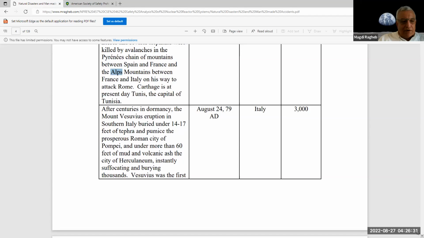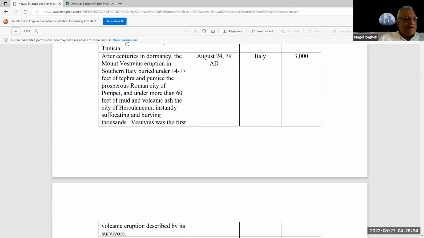Then we go to the Roman Empire itself. In the Mediterranean, there is a mountain called Mount Vesuvius in the south of Italy. It was buried under 14 to 17 feet of tephra and pumice and destroyed the city of Pompeii.